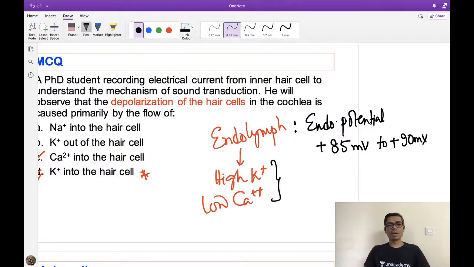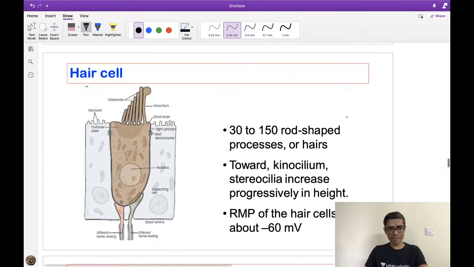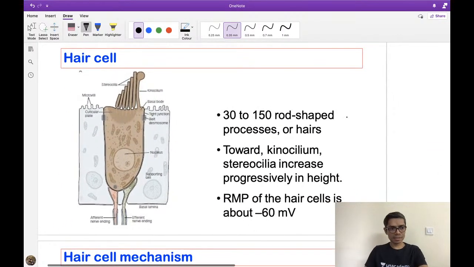Now, the hair cell structure. So you have answered minus 60, Patel, the RMP of the hair cell. If you look at the hair cell, at the tip there are multiple stereocilia and a single kinocilium.